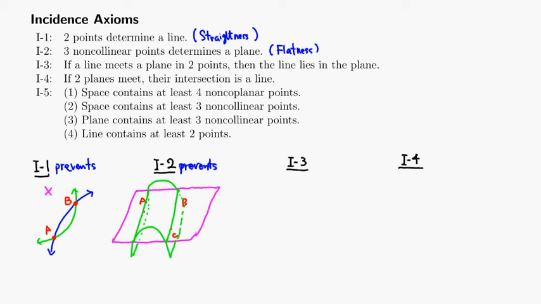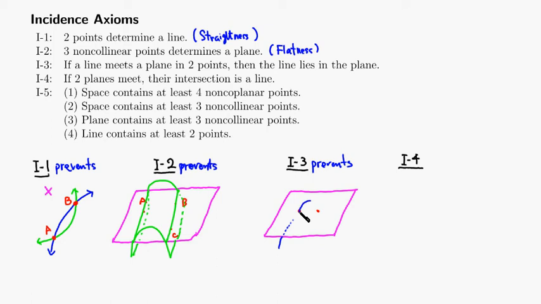So what I3 prevents is this situation. You have a flat object, which is a plane, and then you have a line going in and out of that plane.